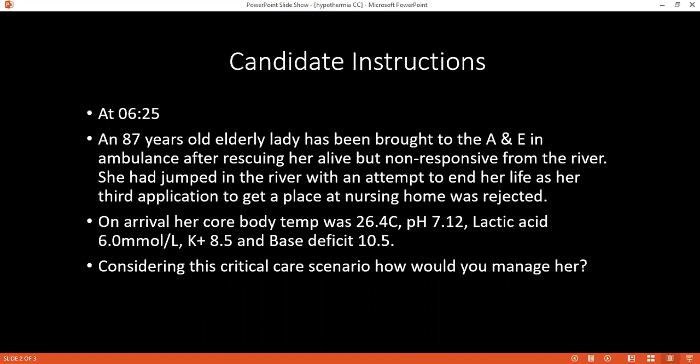Okay, good. Can you please tell me what the factors or mechanism behind hypothermia are, how does it occur?